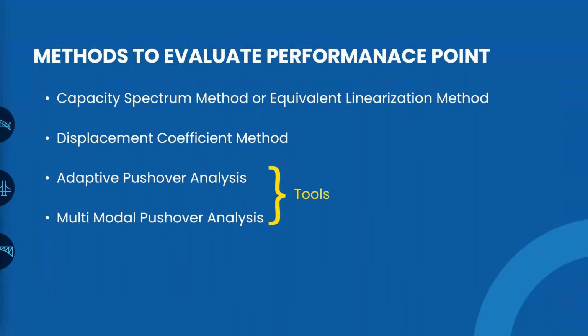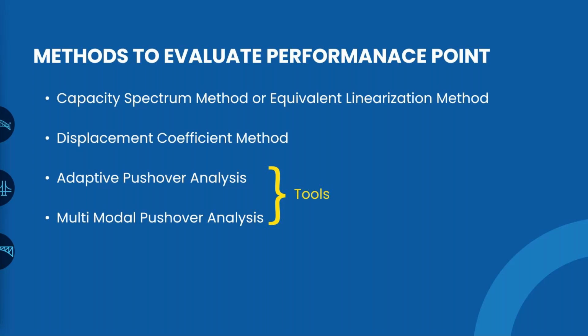The capacity spectrum method, or equivalent linearization method, is one wherein the pushover curve or the capacity curve is taken in such a way that an equivalent bilinear curve is obtained, and the capacity and the demand in that case are met at one particular point, and that point is basically called our performance point.